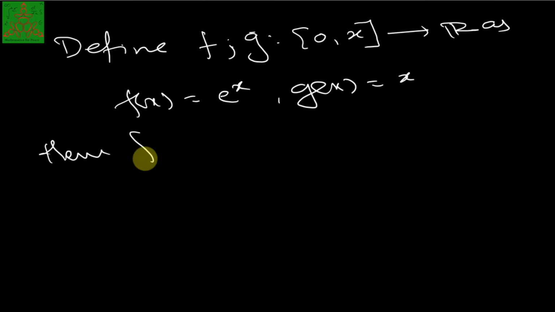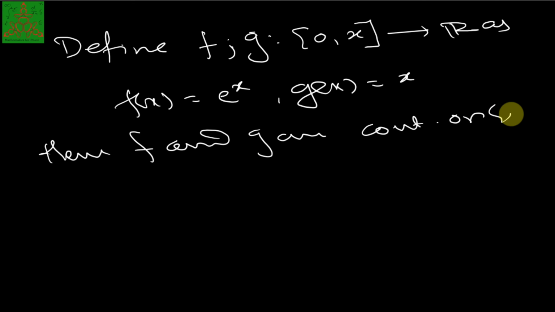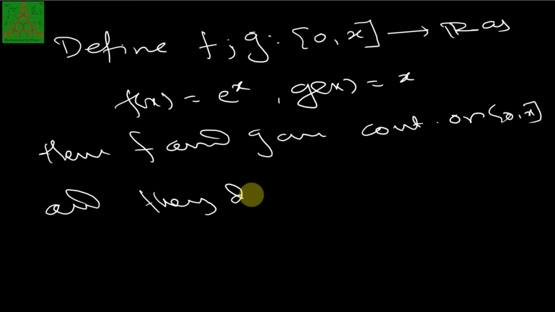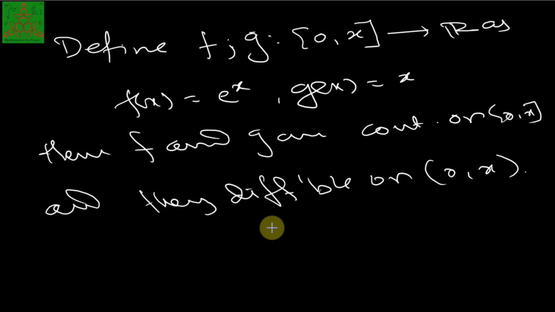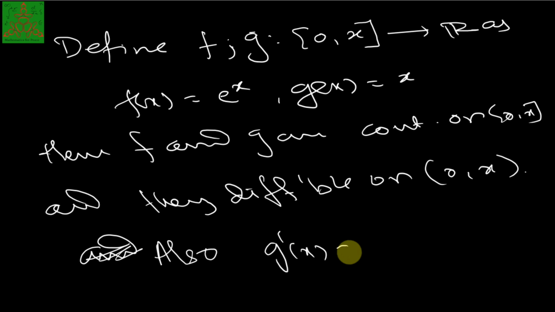Here f and g are continuous on the interval 0 to x, where x is positive, and they are differentiable on the open interval 0 to x. Also, g dash of x is 1, which is non-zero for every x. Therefore, f and g satisfy all the conditions of CMVT.